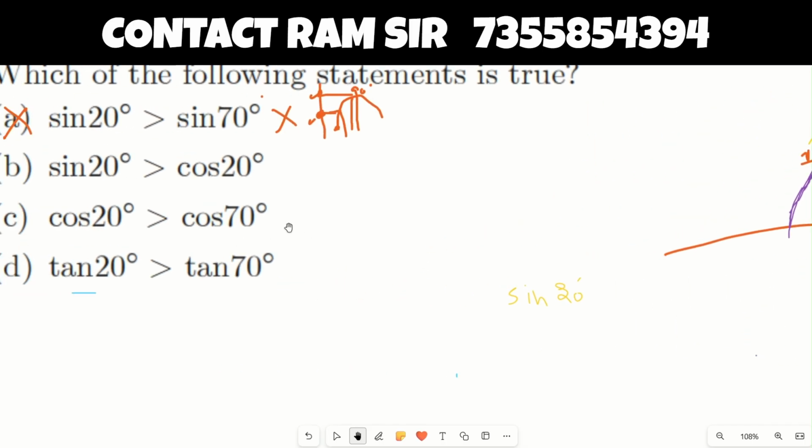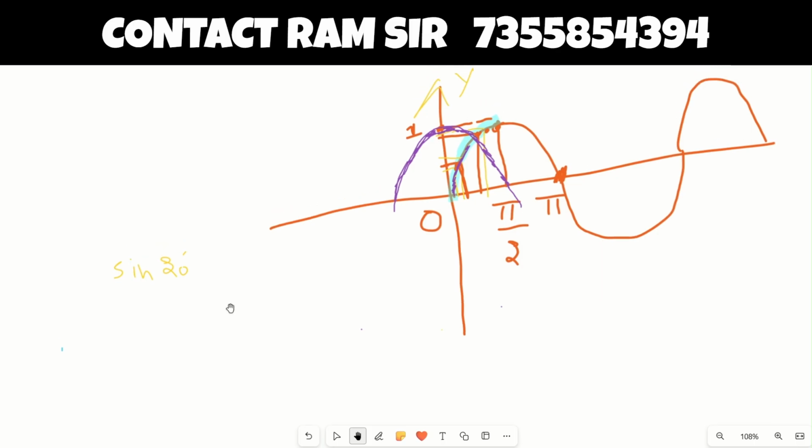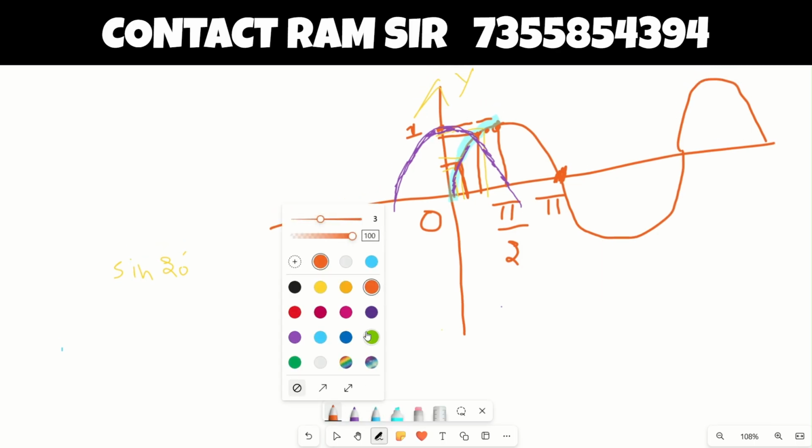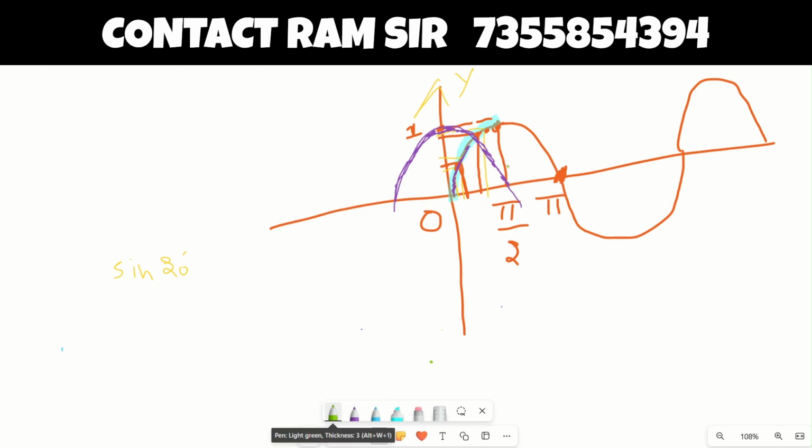Okay, firstly I check what is sine 20 degree. Sine 20 degree lies between here. I change color so you can see easily. Suppose this is sine 20 degree and here is 20 degree, and if I am talking about cos 20 degree, cos 20 degree lies here.